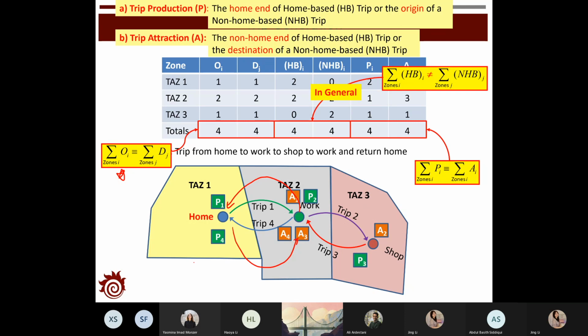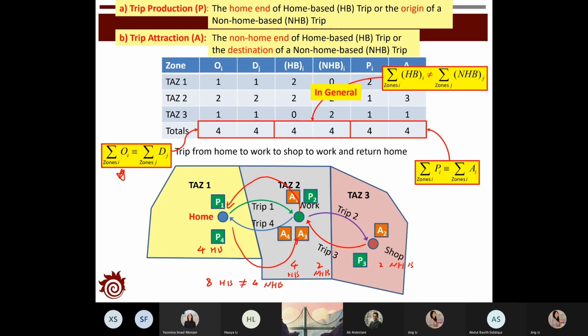So you might have 4 home-based trips in zone 1, 4 home-based trips in zone 2 and 2 non-home-based trips in zone 2, and 2 non-home-based trips in zone 3. If we summarize them together, you get 8 home-based trips and 4 non-home-based trips.